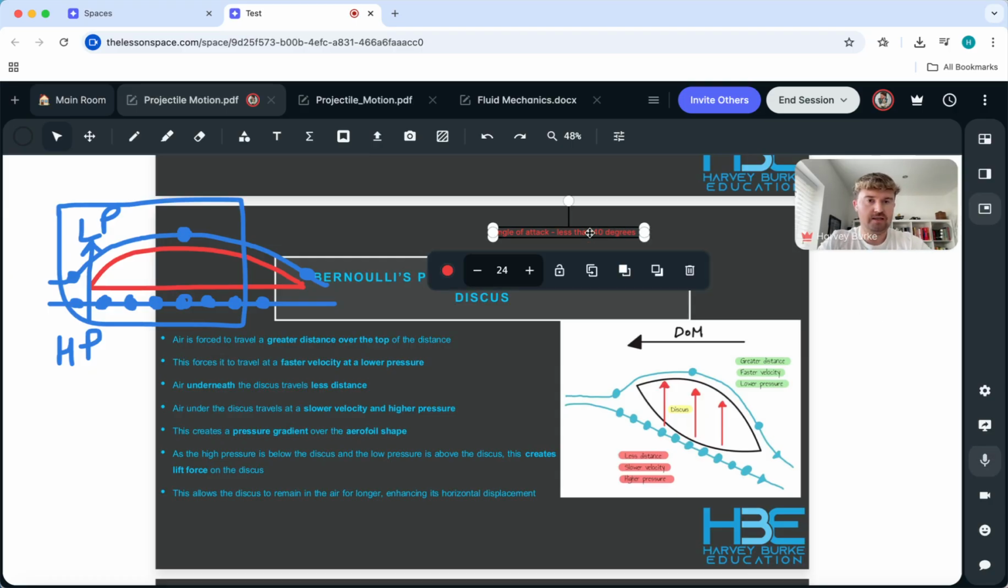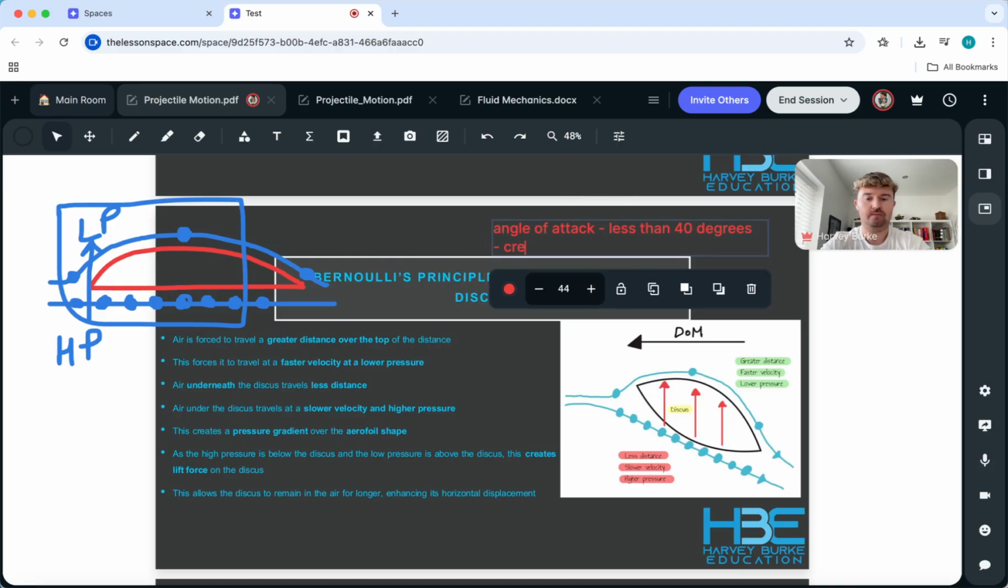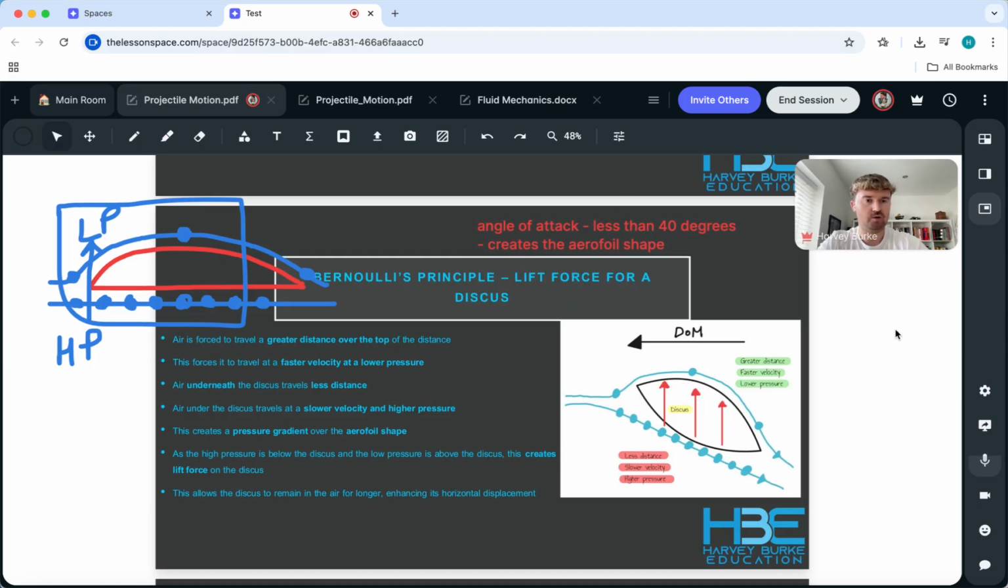And when you release something with that angle of attack, that then creates the aerofoil shape. So always mention that at the start of a Bernoulli principle question, that in order to create the aerofoil shape, you use this optimal angle of attack that you release the object into the air at.